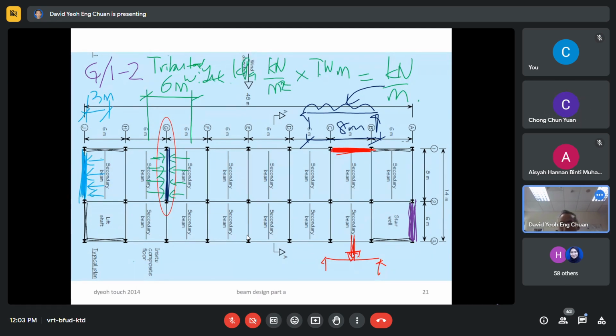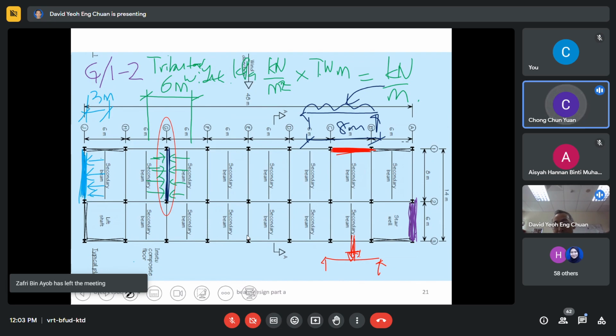Which beam are you talking about? The purple color one. Okay, this one. Restrained beam or unrestrained beam? Restrained. You sure? Not sure. Okay, why do you say it's restrained?